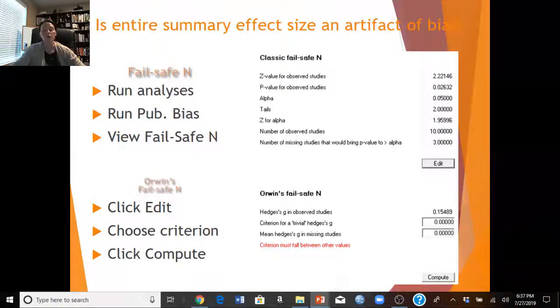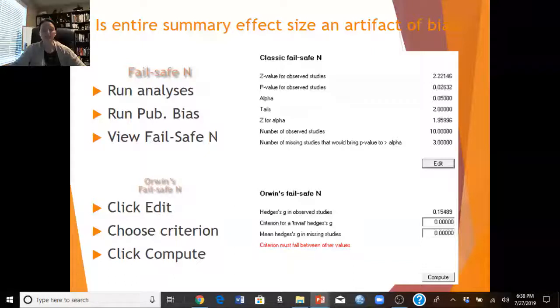So what we're really looking at here is an artifact of the fact that it's a pathetic effect size that we have. Our effect size is only 0.15. So it's barely statistically significant with a p of 0.026. If we round that to 0.03, we're really not that far away from 0.05.